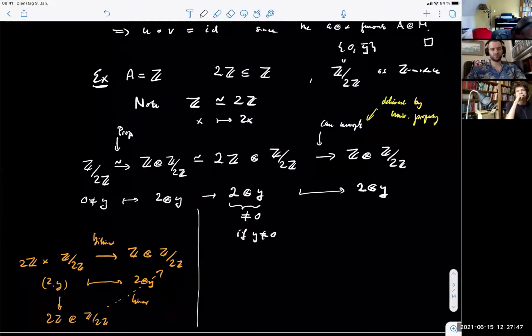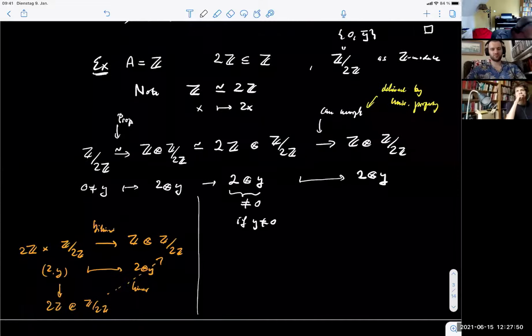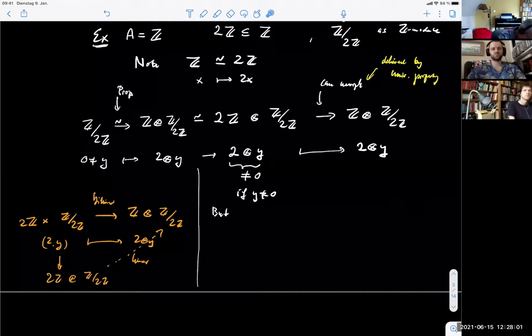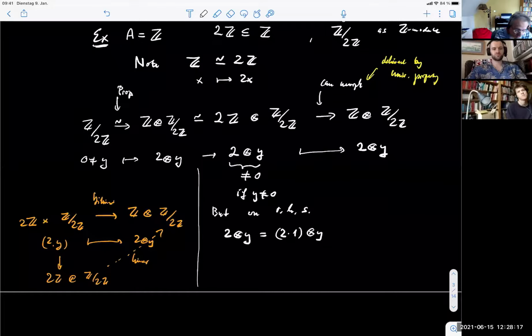Now comes the strange thing. Now I look at the right-hand side. I'm going to rewrite this; it looks pretty trivial. 2 is 2 times 1, there is no doubt about this.